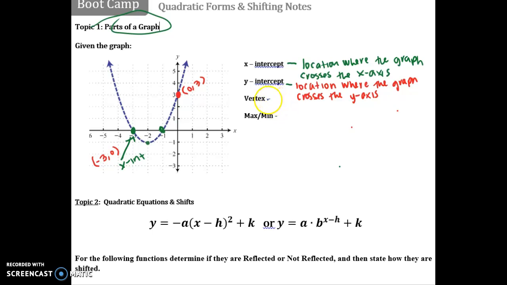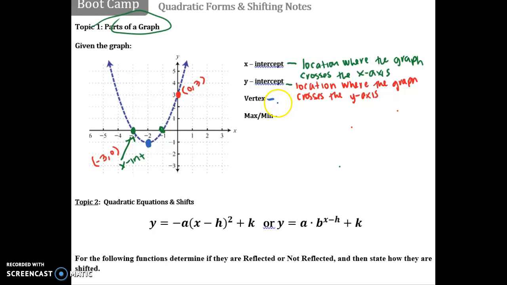The vertex can be a lot of things depending on what it is, but a lot of times we call it the point where you turn around, the point that's the maximum or the minimum. It's the point where you're really not going up or you're really not going down.